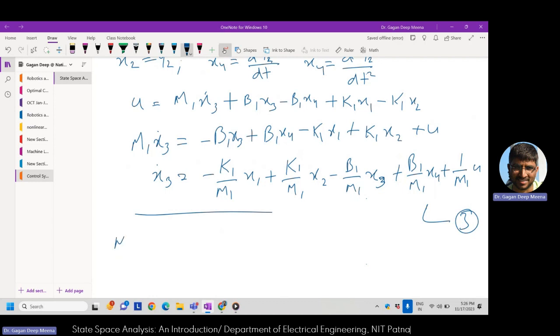That should be my m2 x4 dot plus b2 x4 plus b1 x4 minus b1 x3 plus k1 x2 plus k2 x2 minus k1 x1 equal to 0.